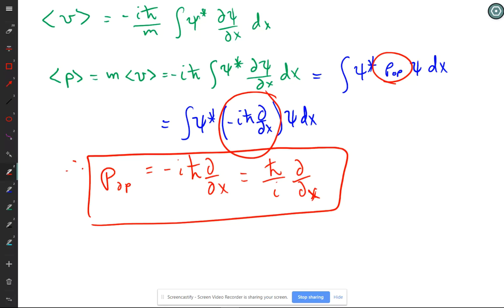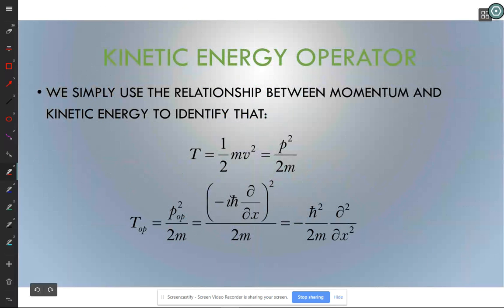And so you might say, why did we do this? Well, here's a starter. We did this because we want to find the kinetic energy operator. Kinetic energy is 1/2 mass times velocity squared.